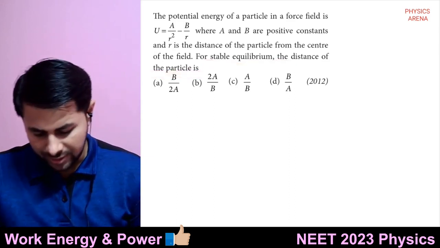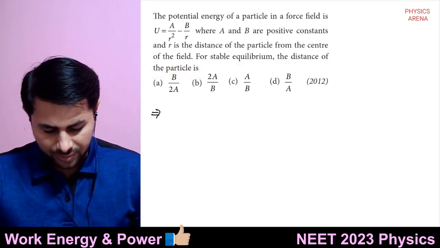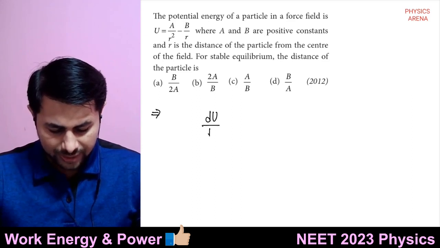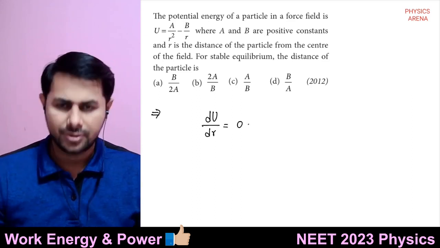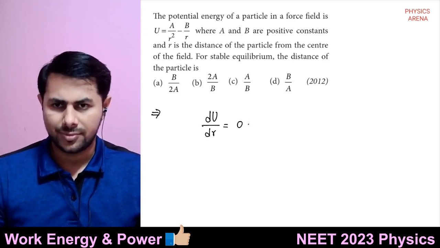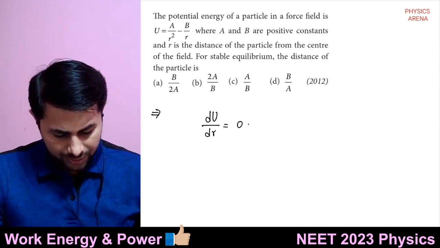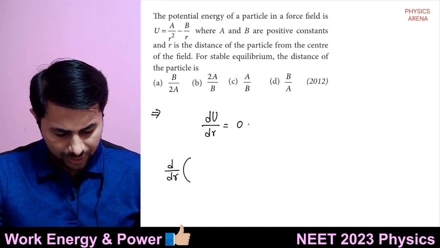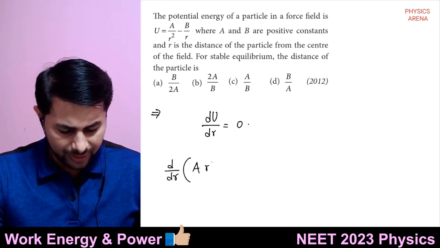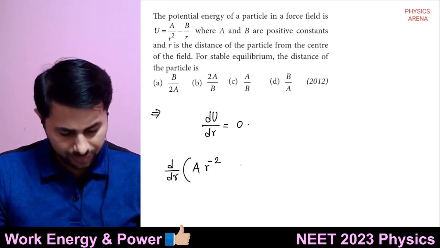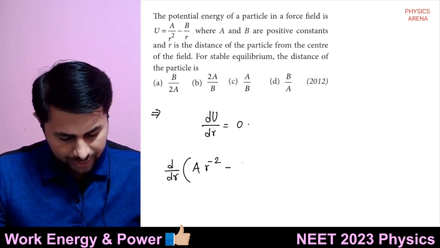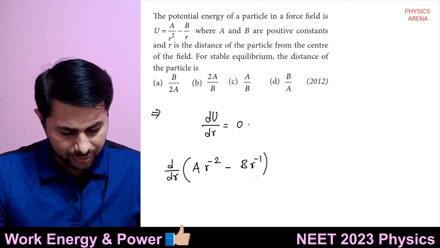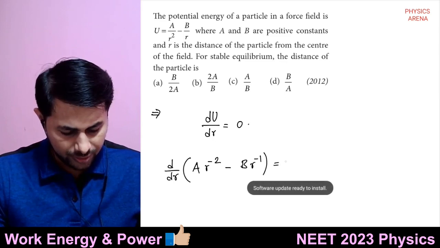What happens at stable equilibrium? dU by dR will be equal to 0, right? So this can be written as d by dR of A multiplied by R raised to minus 2, minus B multiplied by R raised to minus 1, and this is equal to 0.